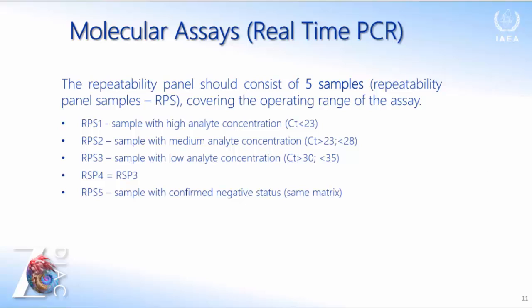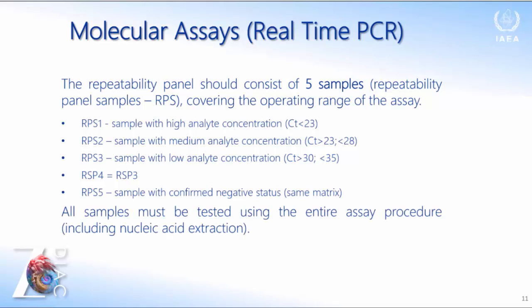With this sample in this panel, by this repetition, we can also obtain the results for assessment of the analytical specificity of the assay that we test. So all samples must be tested using the entire assay procedure, in this case meaning from the nucleic acid extraction procedure onward.